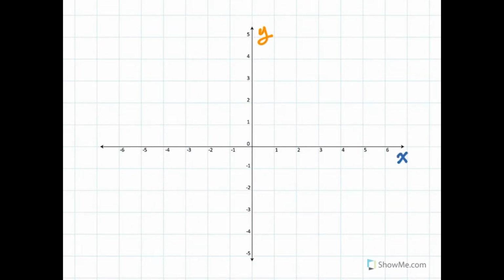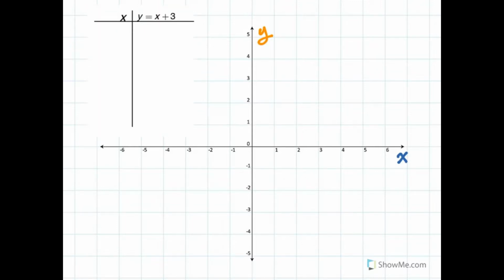Mathematicians use graphing to visualize a relationship between x and y that's usually given by an equation. For example, if y is 3 more than x, I have an equation that says y equals x plus 3. And I can graph that relationship. For different x's, I find the y.